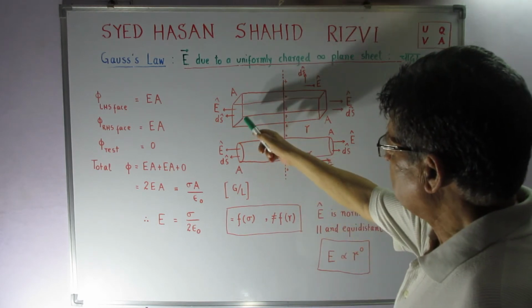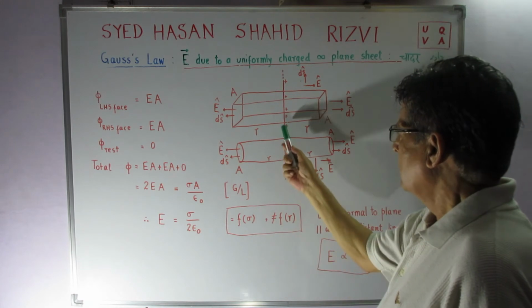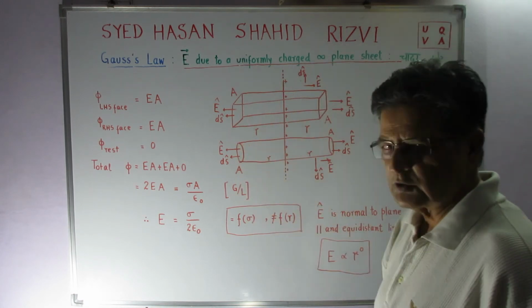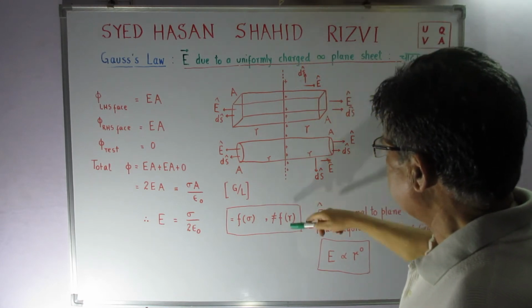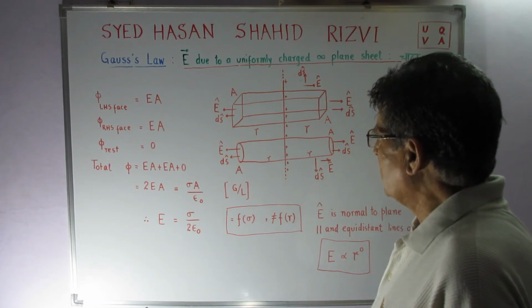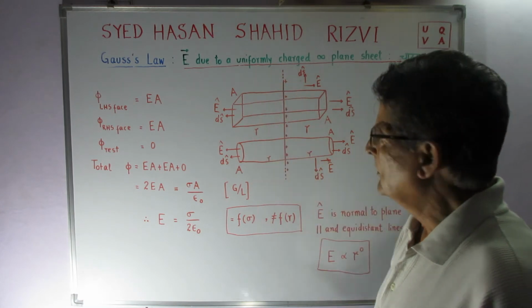One is a kind of rectanguloid. From here to here the distance is r, and from here to here also the distance is r. This is a plane sheet of charge. There is nothing like a metallic sheet; I will do that later on.